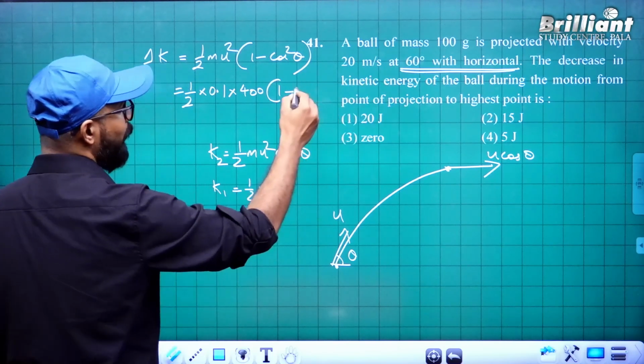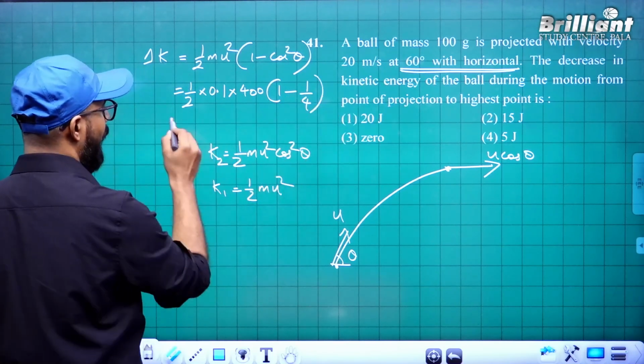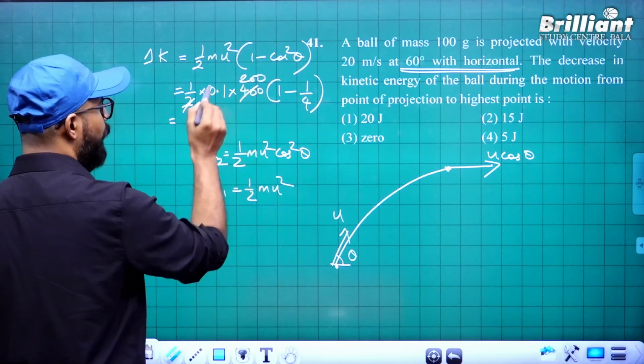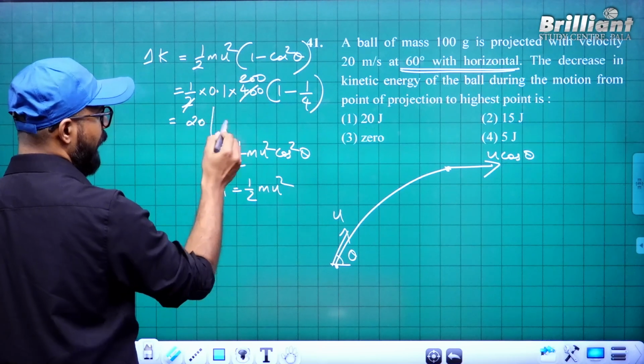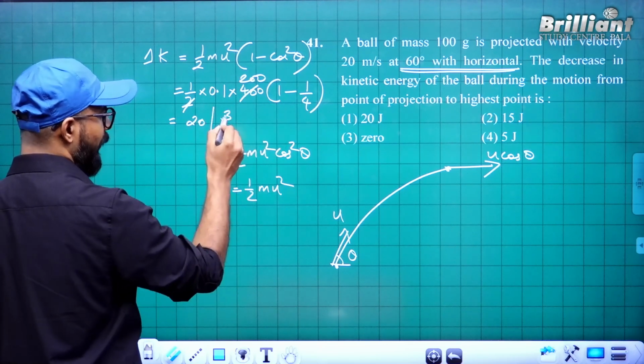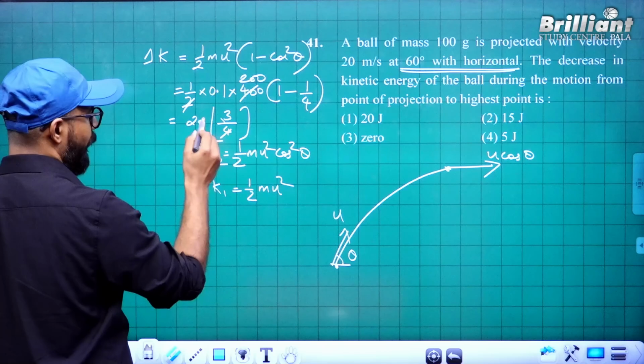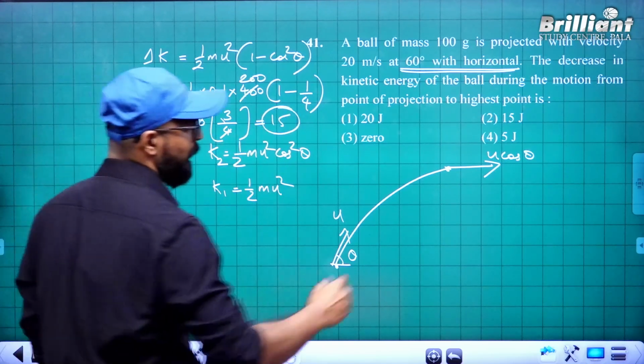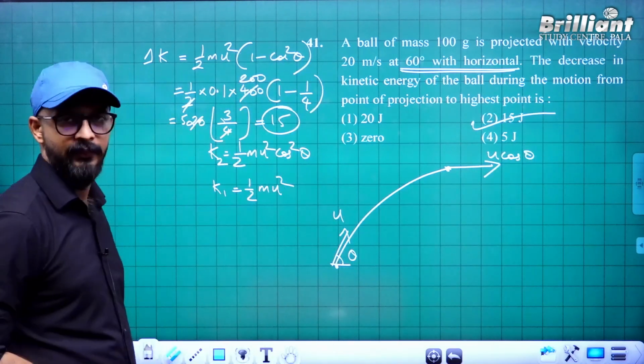So 1 by 2 the whole square, 1 by 4, and this will be 200 into 0.1 is 20, and this will give me 3 by 4. 4 5s, and I will end up with the answer 15 joule over there. That's the answer. Clear? That's it.